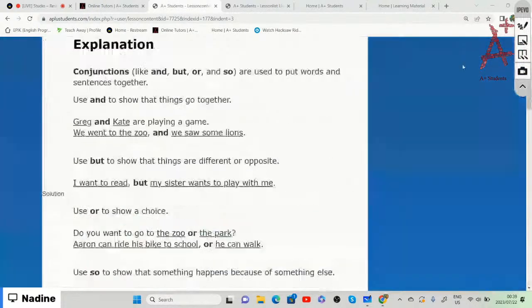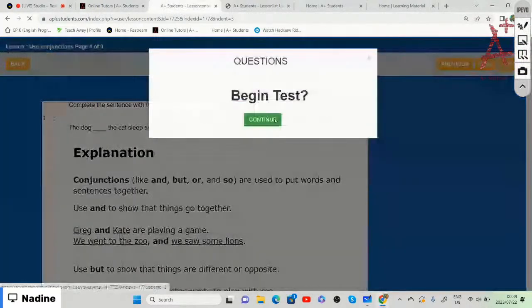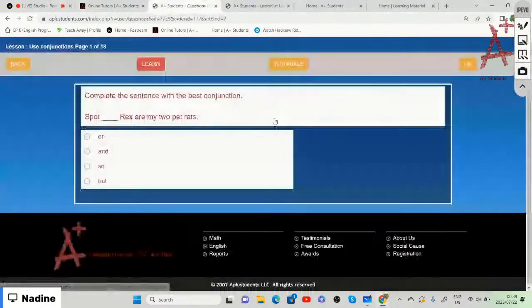All right, let us go to our test. Complete the sentence with the best conjunction. Spot, Rex are my two pet rats. We need to choose between Spot or Rex, Spot and Rex, Spot so Rex, or Spot but Rex.